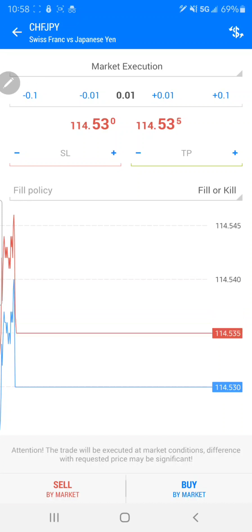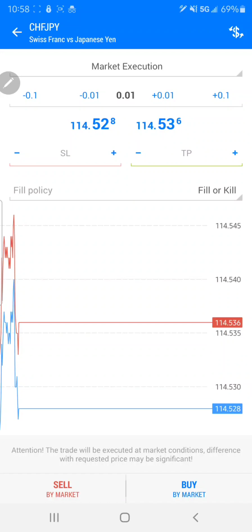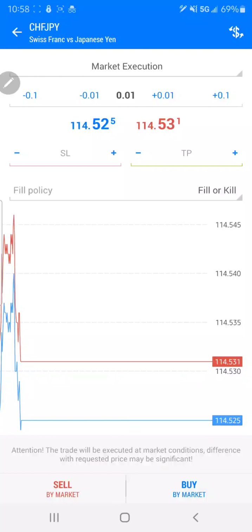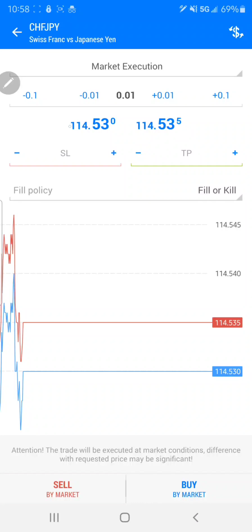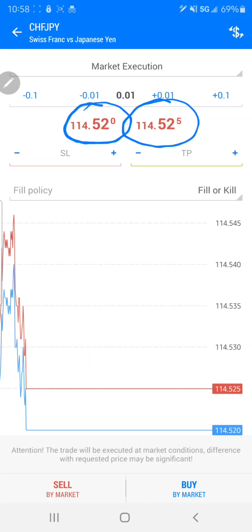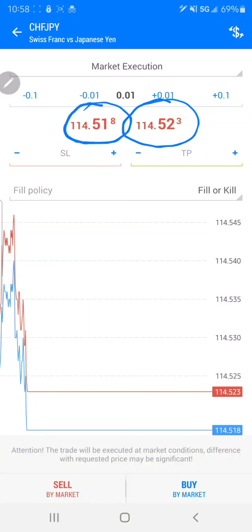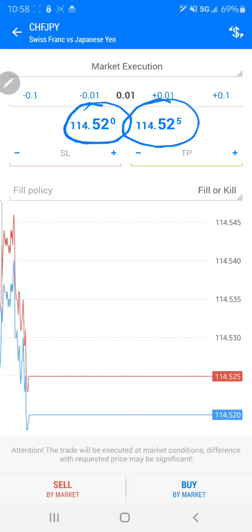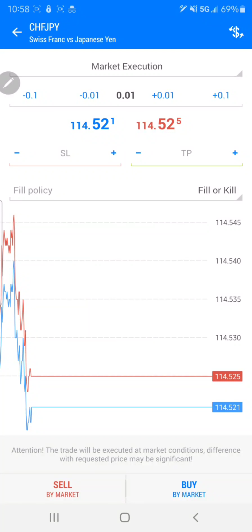For the purposes of this video, I'm just leaving the lot size the same. We can talk about that in another video. What I'm going to focus on is current price. The difference between these two numbers, as we've talked about before, is the spread.